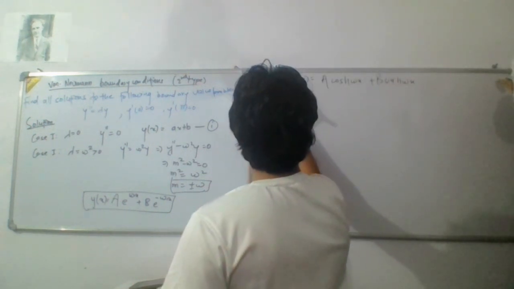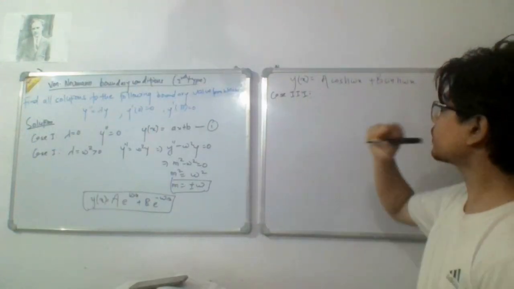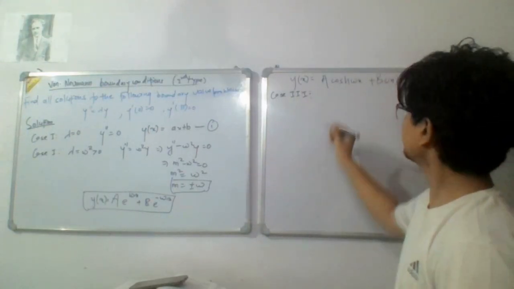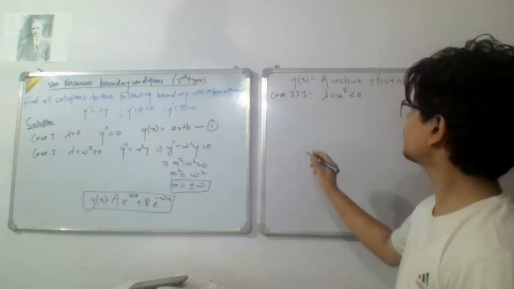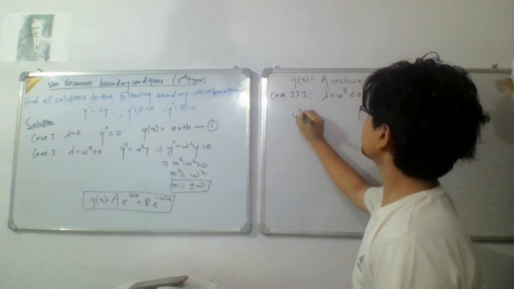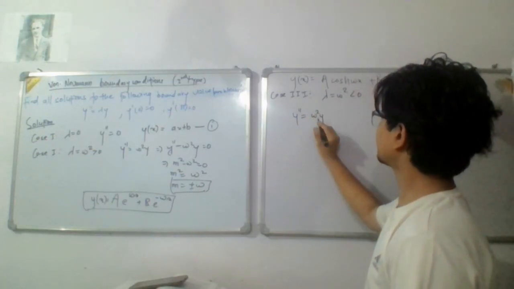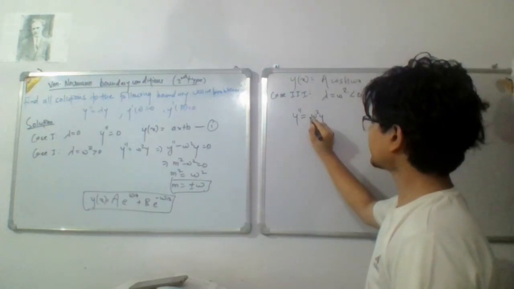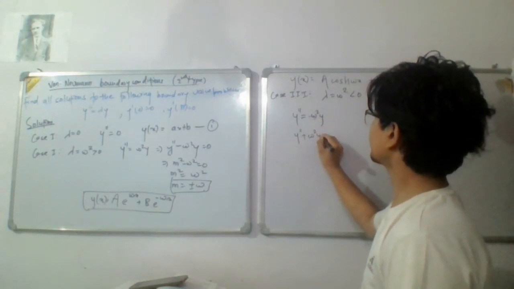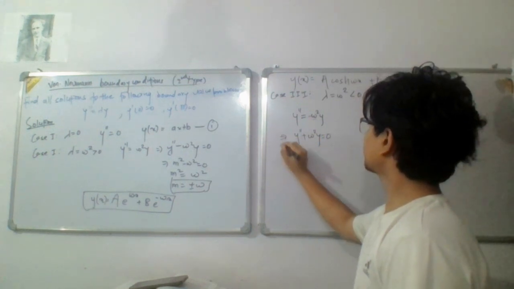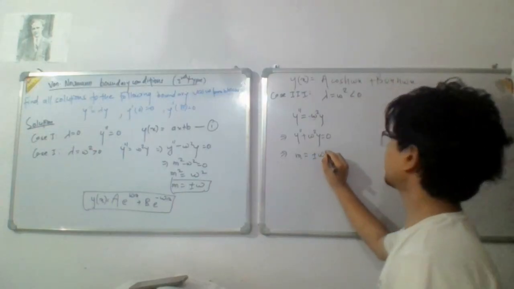So let's take the third condition. Here lambda is equal to omega square, but negative. Then our differential equation becomes y double dash plus omega square y equals 0, and we get m equals plus minus omega i.